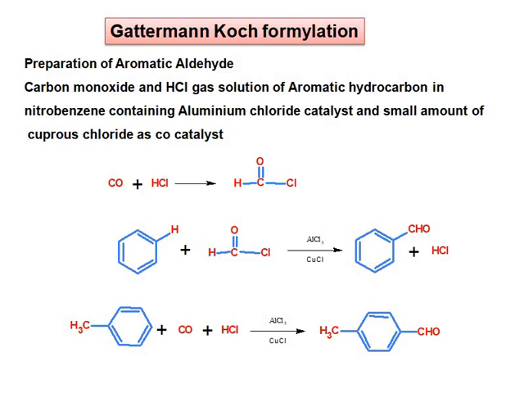So in this method, we use a mixture of carbon monoxide and hydrogen chloride gas, which is bubbled through a solution of the aromatic hydrocarbon in nitrobenzene, using a catalyst like aluminum chloride and a small amount of cuprous chloride, which acts as a co-catalyst.